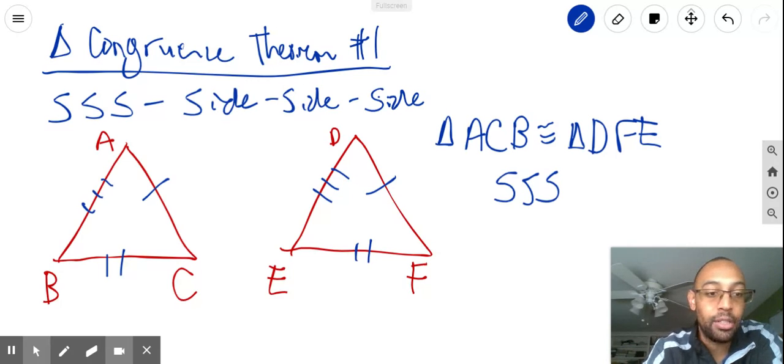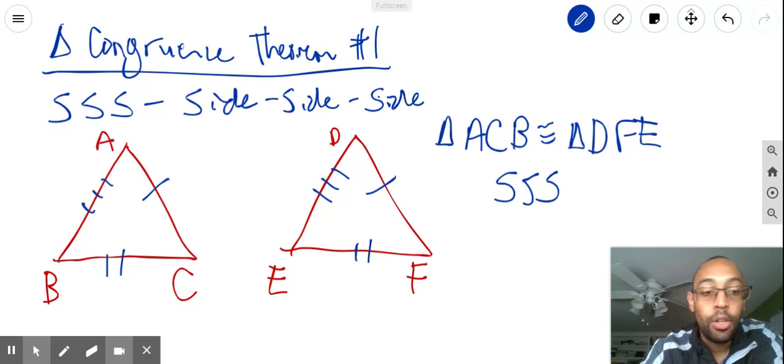C to B matches up with F to E. And then B to A matches up with E to D. So knowing that if I go in the order of A, C, B, then D, F, E, that triangle will be congruent by side because I'm given that those sides are congruent to each other for each respective piece of the triangle. So that is side.